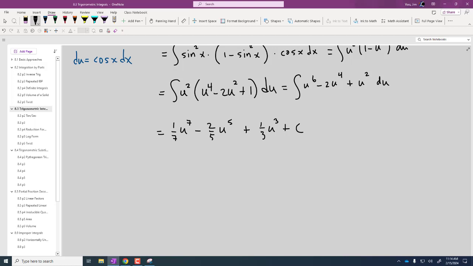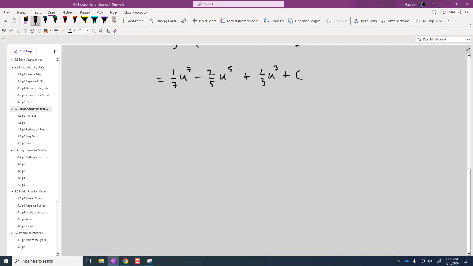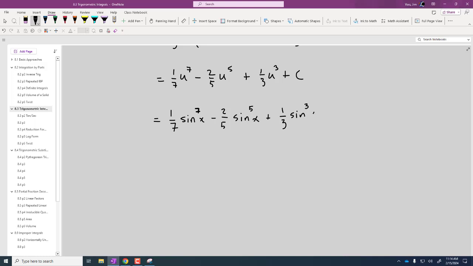So we integrate, and then we plug in sine. Looking at that, is there anything you're not sure about?